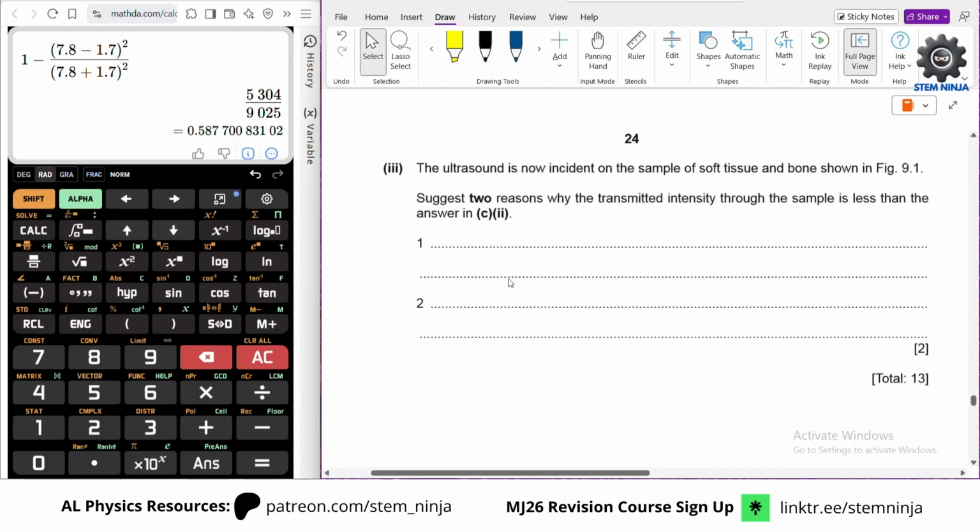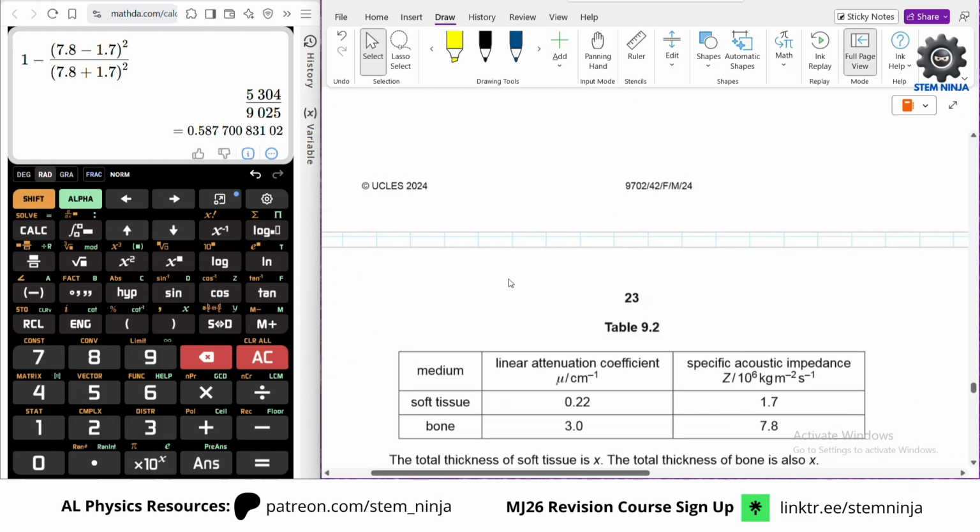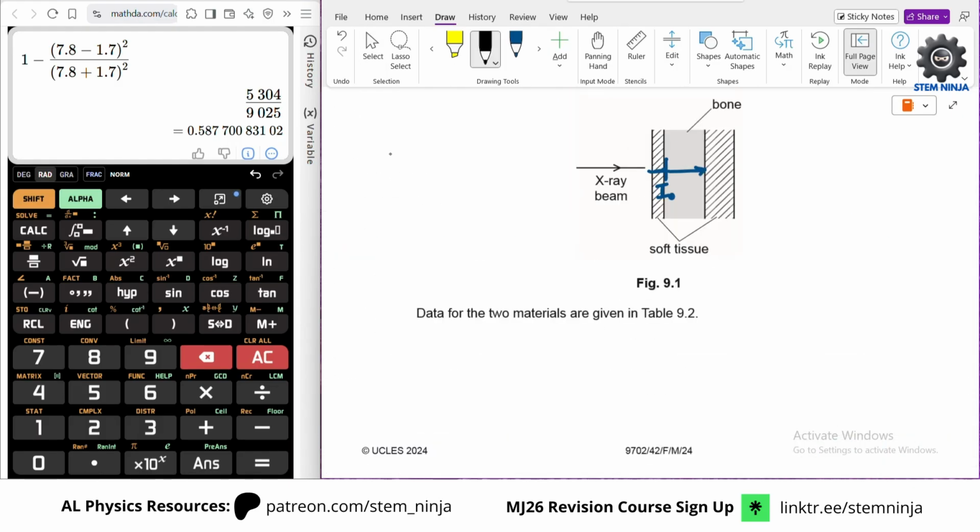The ultrasound is now incident on the sample of soft tissue and bone in figure 9.1. Suggest two reasons why transmitted intensity through the sample is less than the answer in C2. The thing is, it's not just soft tissue and then bone.